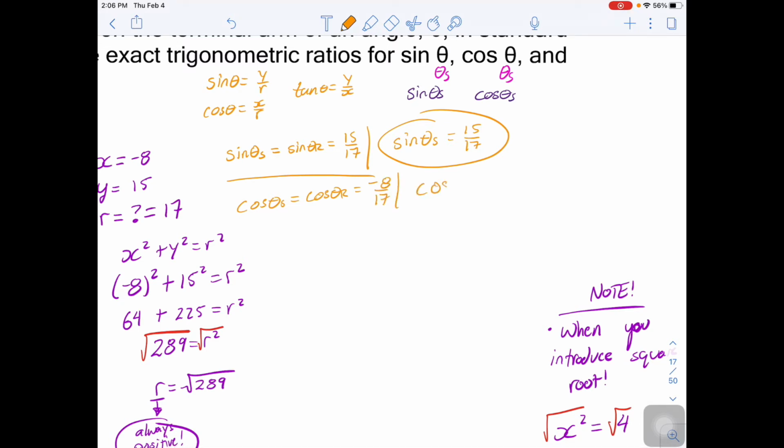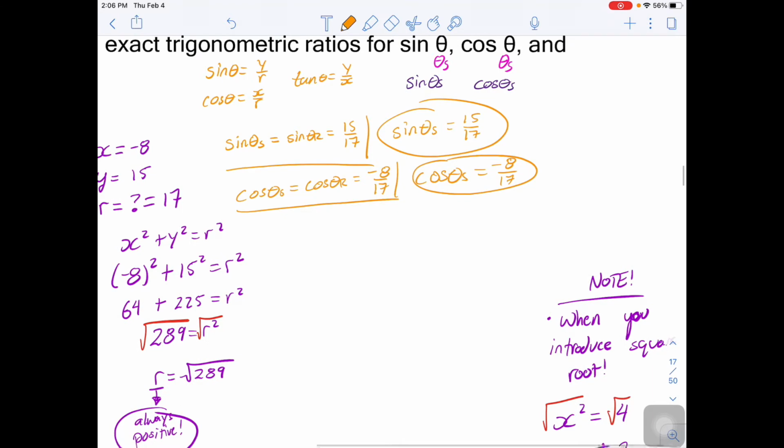So let's just write that out as our final solution. -8 over 17, we can circle that one off. And then finally, we are going to deal with tan. So tan and our standard angle, we're going to use the reference angle to figure this out. Tan is y over x, y is 15, x is -8.